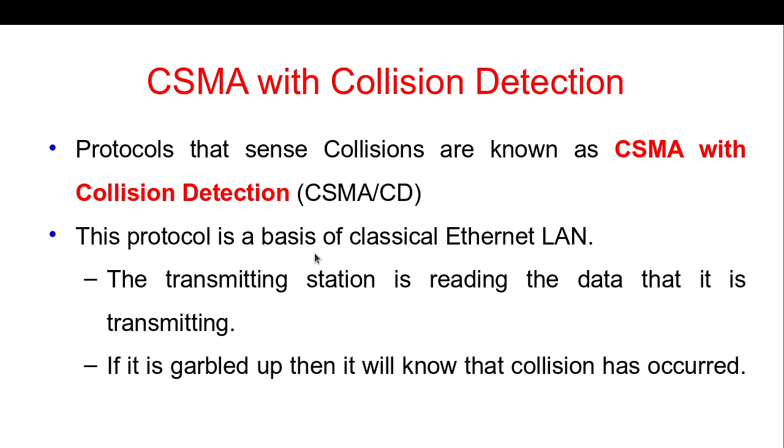Now this is the basis of classical Ethernet LAN. This is used in classical Ethernet. The transmitting station is reading the data that it is transmitting. That means it is checking whether the data has correctly gone through. If the data has been garbled, then it will know that a collision has occurred.